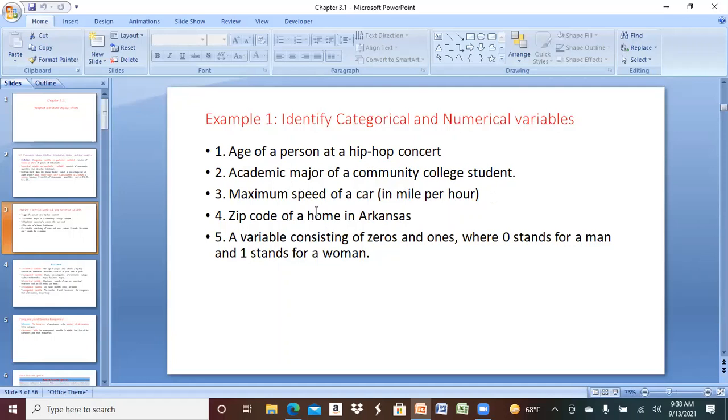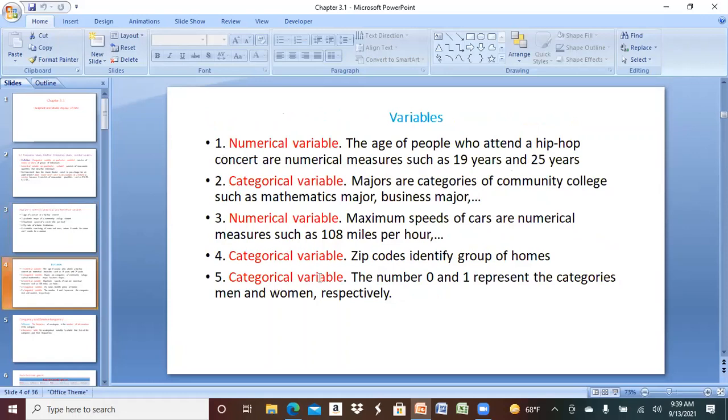The zip code of a home in Arkansas is a region, right? That is the city only, so that is a categorical variable. And the variable consisting of 0 and 1, where 0 stands for man and 1 stands for woman, is a categorical variable.